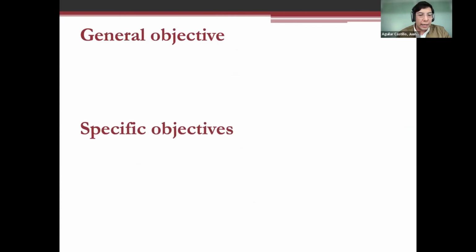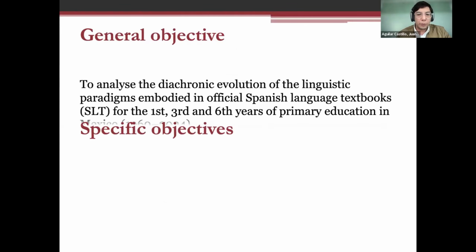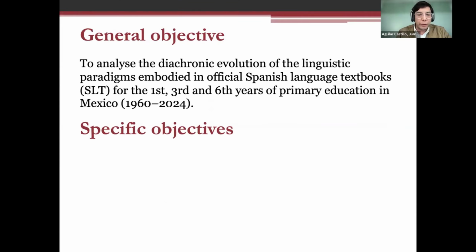In this regard, my general objective is to analyze the chronological evolution of the linguistic paradigms embodied in official Spanish language textbooks, SLT, for the first, third, and sixth years of primary education in Mexico from 1960 to 2024.